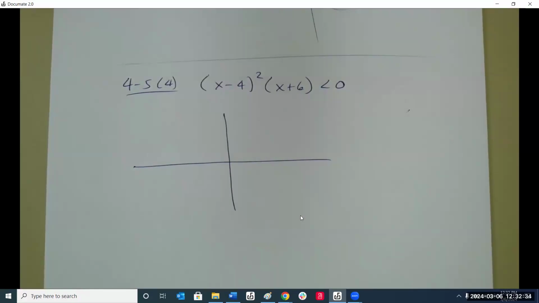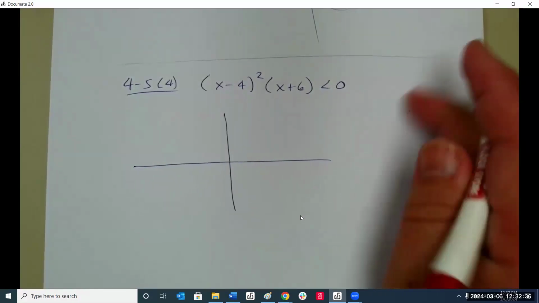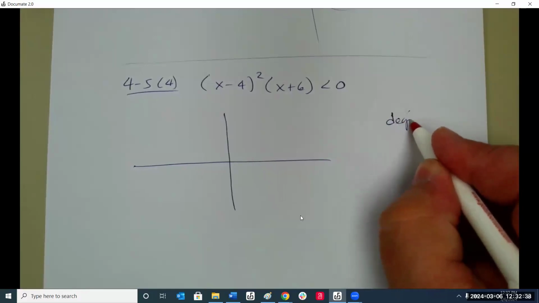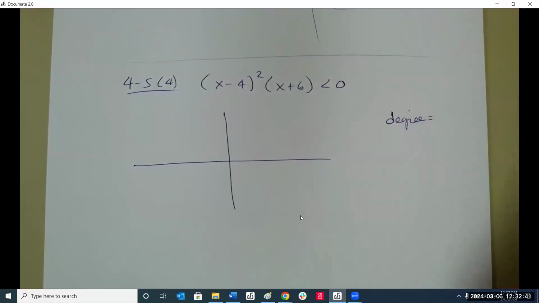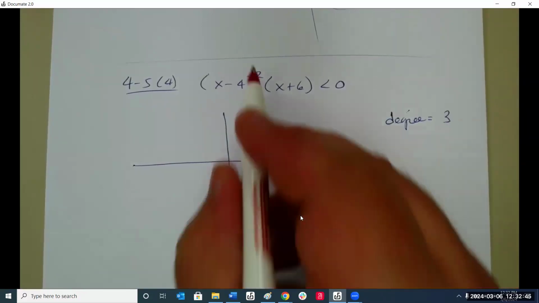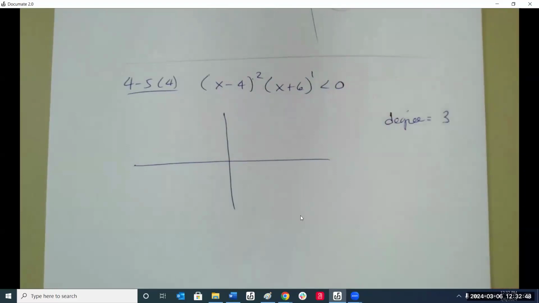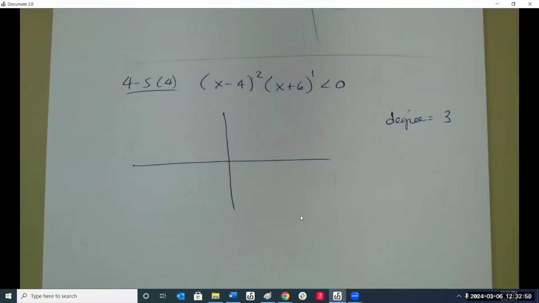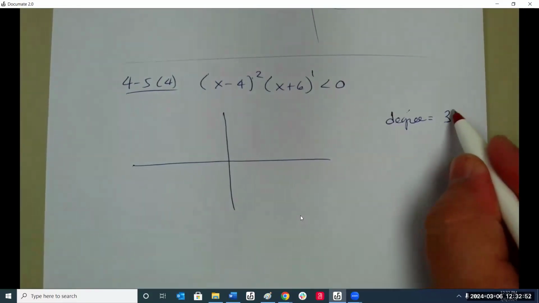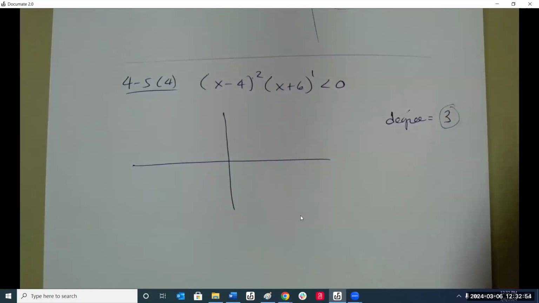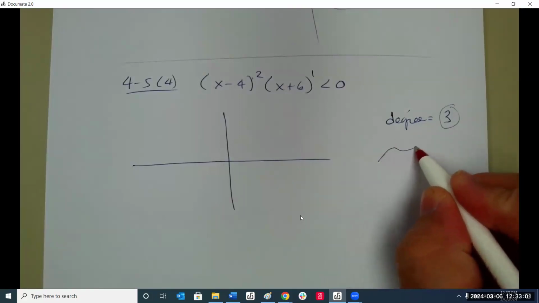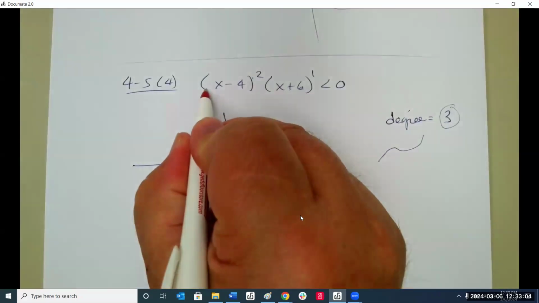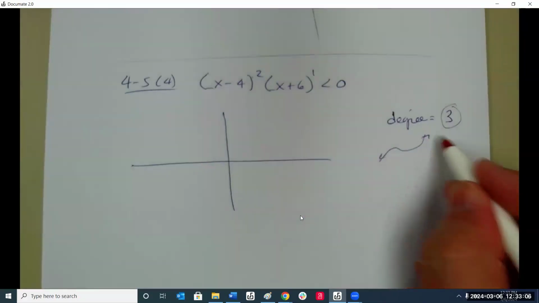What's the degree? Yeah, because there's 2 there and there's 1 there. The degree is the number of x's we have. So since it's an odd degree, what does it tell us the graph looks like? It goes in opposite directions. It looks like this. Since all the x's are positive, this is what the graph looks like.